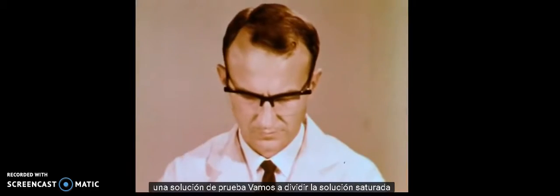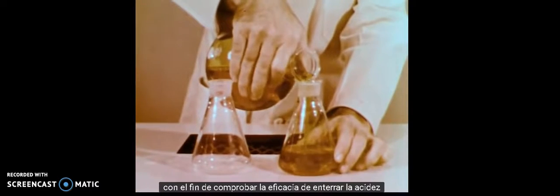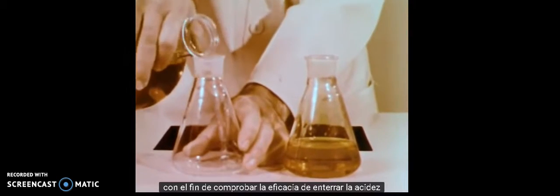What are some of the chemical properties of this aqueous solution? Let's divide the saturated solution in order to check the effect of varying the acidity. To this flask, we add acid.